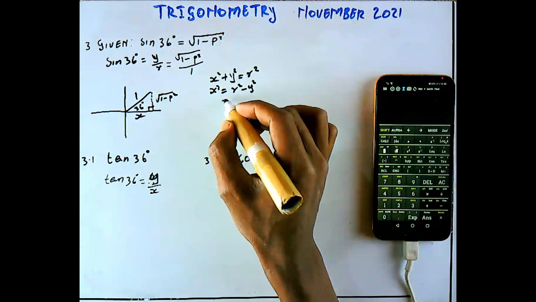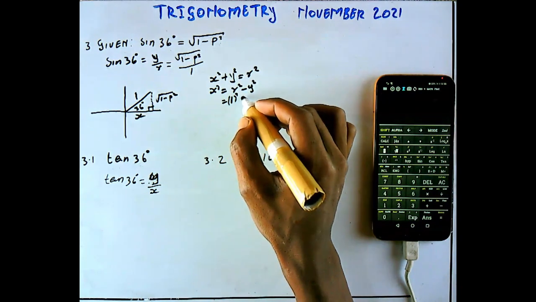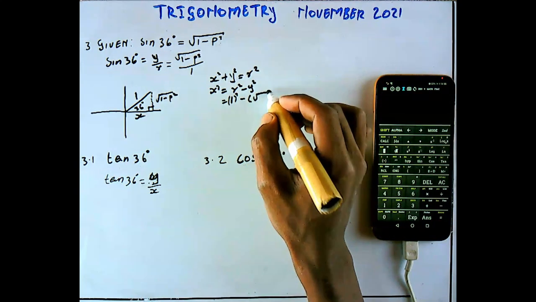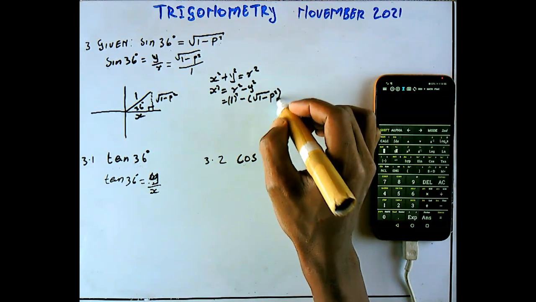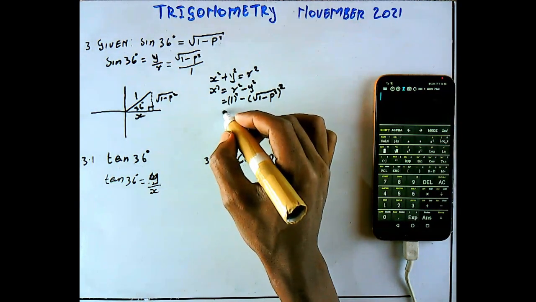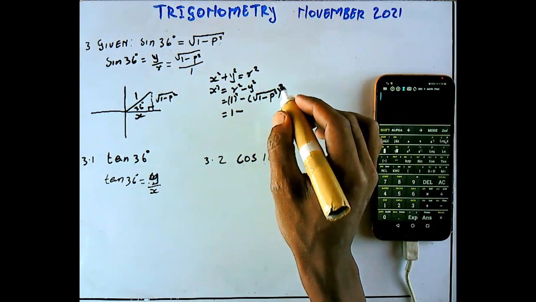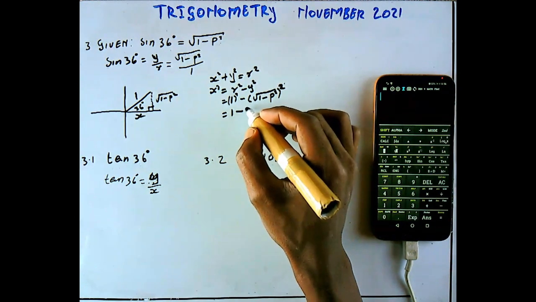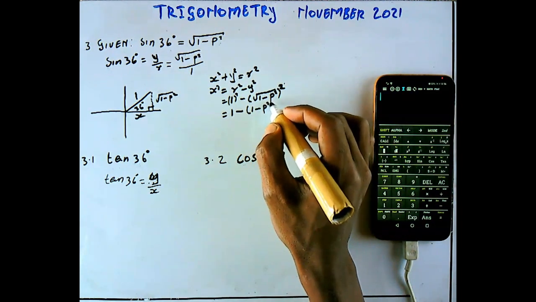So we can substitute, our r is 1 squared minus, then our y is the square root of 1 minus p squared, squared. And then so 1 squared is 1, then minus, then this square root will cancel the square, so 1 minus p squared.